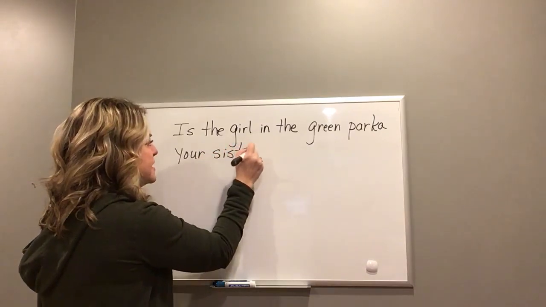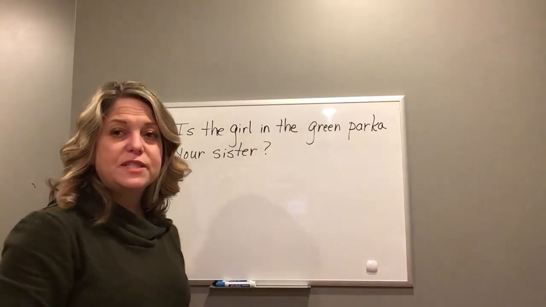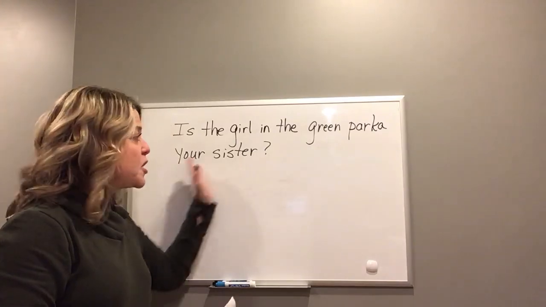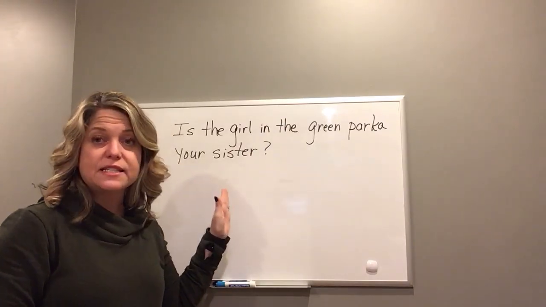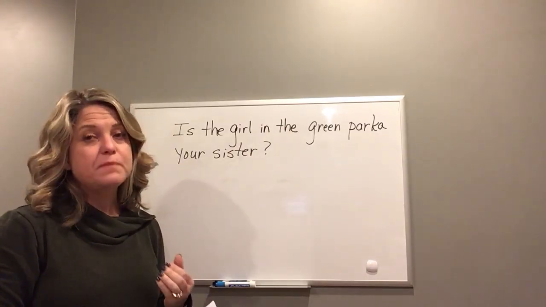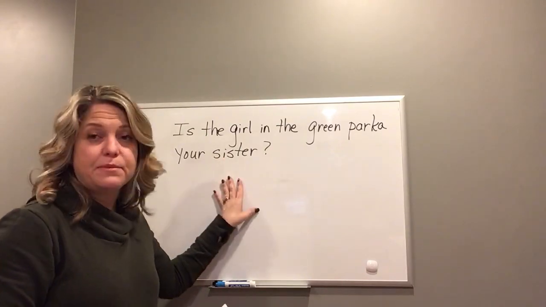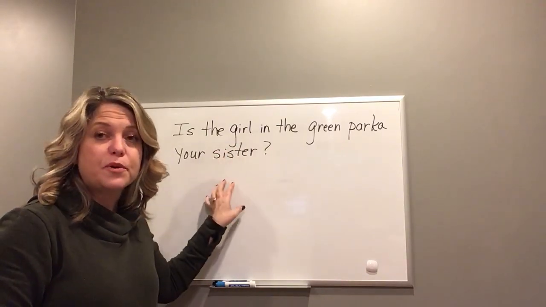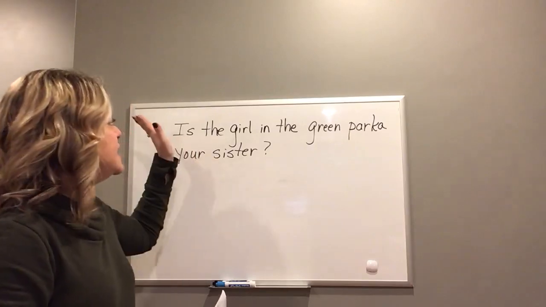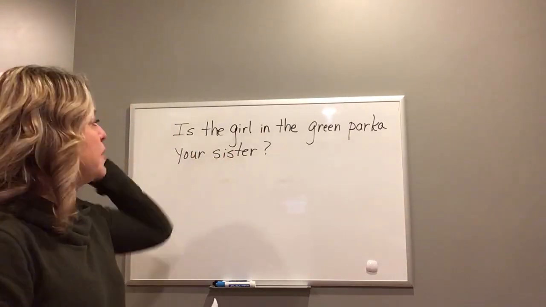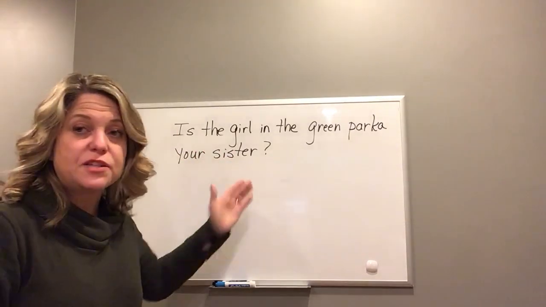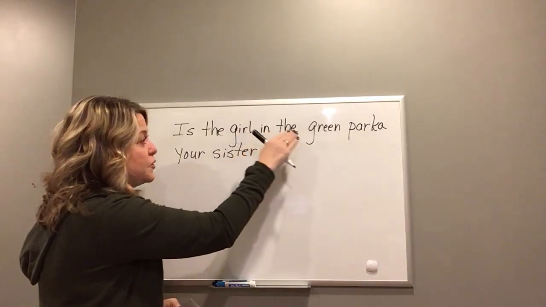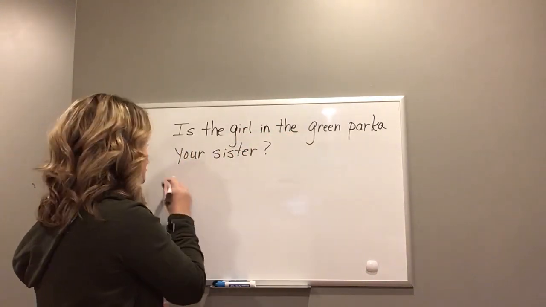Okay, first things first. Anytime we're trying to attack a sentence and find the parts of speech for the words in the sentence, it is really helpful to make it a statement. So rearrange the words from a question into a statement. So, is the girl in the green parka your sister could be changed to: the girl in the green parka is your sister.